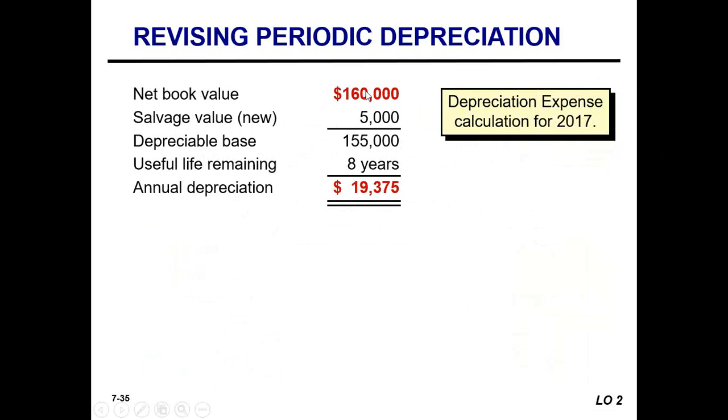Based on that, we subtract our new salvage value to get our depreciable base and recalculate over the remaining 8 years of life. So when there is a change, it is not restated previously. We take it from that moment forward.